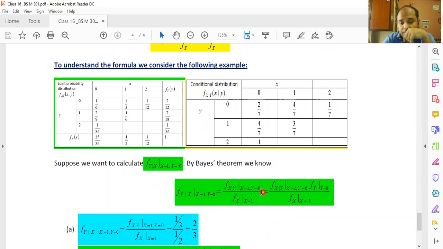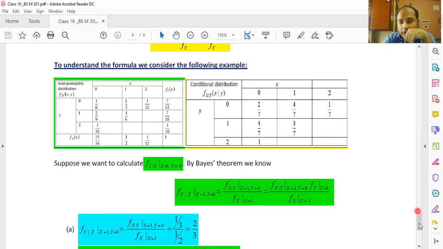Since fx is univariate, I have written only x equal to 1. This is similar to, by definition, f of x given y at the point x equal to 1 and y equal to 0 multiplied by the marginal probability fy at y equal to 0, because it is also univariate, divided by the same thing.